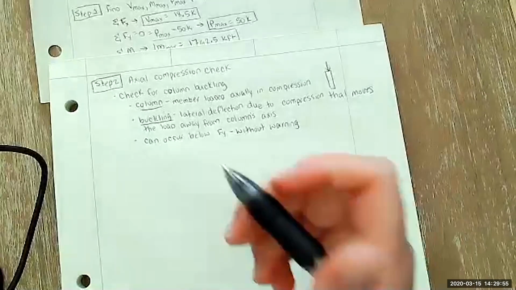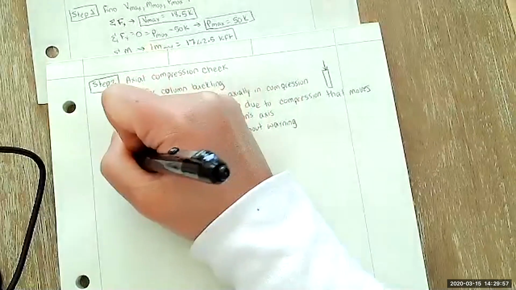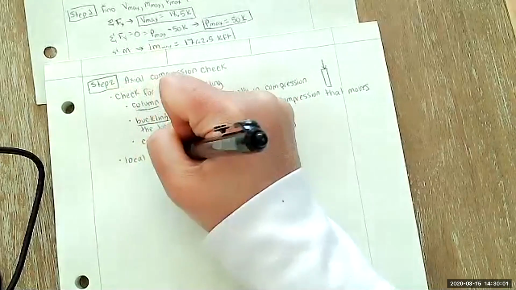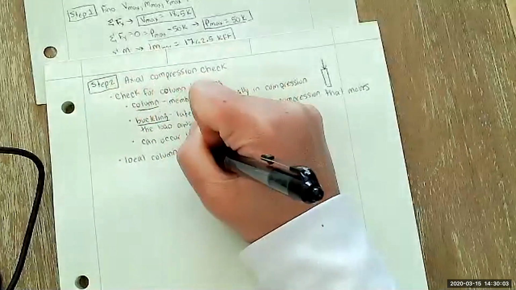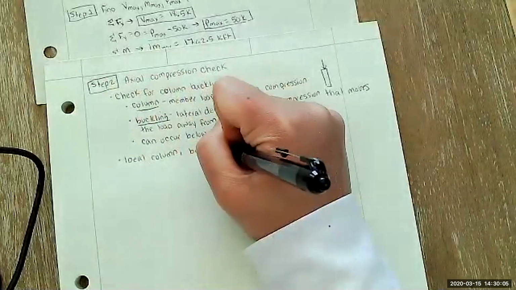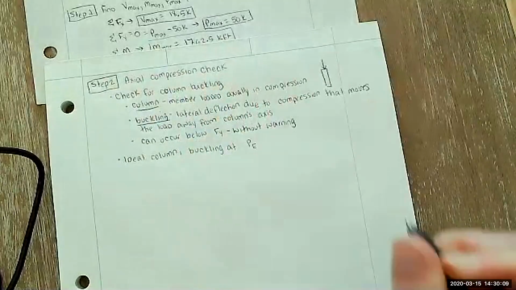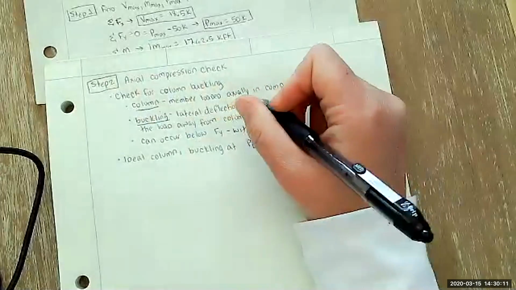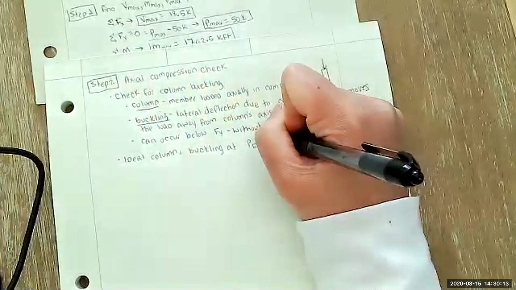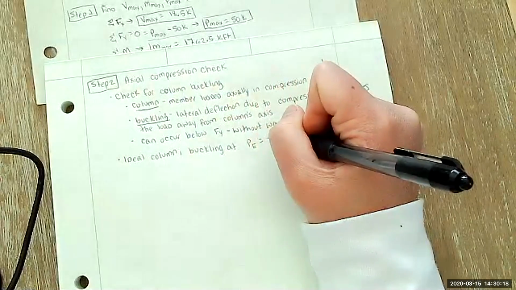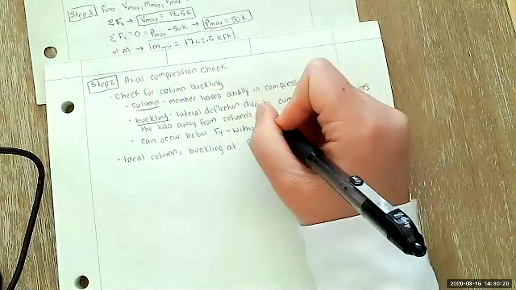For an ideal column, we have buckling at the Euler buckling stress, P sub E, which is equal to pi squared EI over L squared.